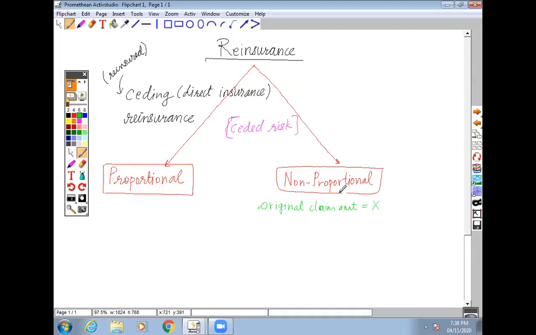What the reinsurance company will say is, if the ceding company incurs a claim which is higher than a particular amount, let's say M, so M is the limit, this is generally known as the retention limit.